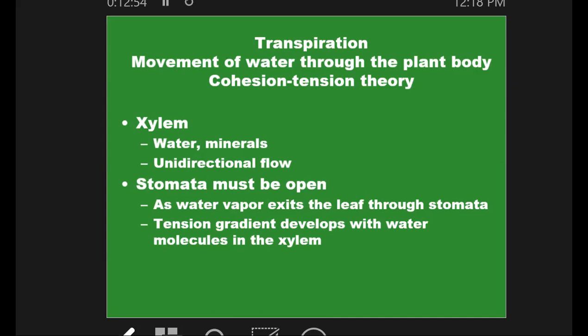And then the tension idea is that as the water molecules are shifting from liquid to gas, and then exiting the stomata, you get this pull on the liquid water molecules. And as the transpiration process keeps going, you tend to get stronger and stronger tension through the day. And so you get this nice water movement. Essentially, it's getting sucked up the plant.